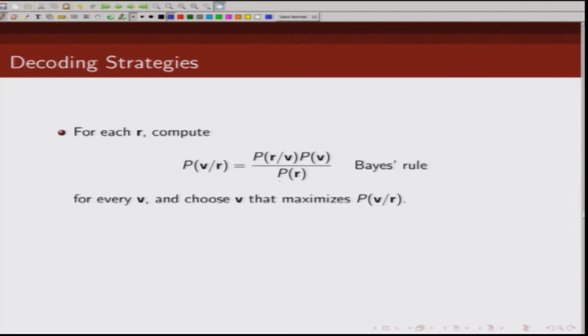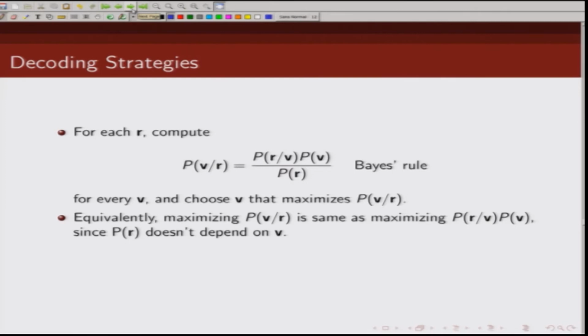Now, again, the choice of V does not change the probability of R. So, maximizing this is nothing but maximizing the numerator quantity, because the denominator does not depend on the choice of V. Okay.